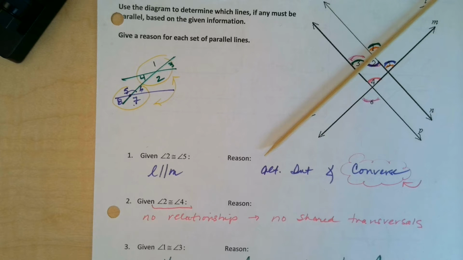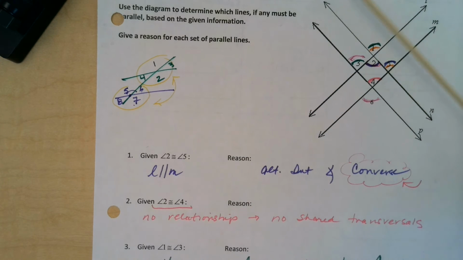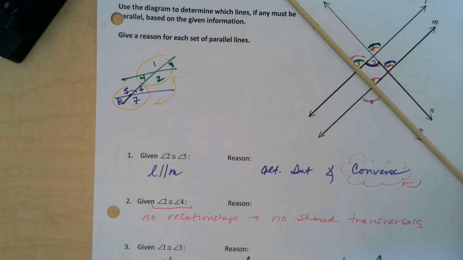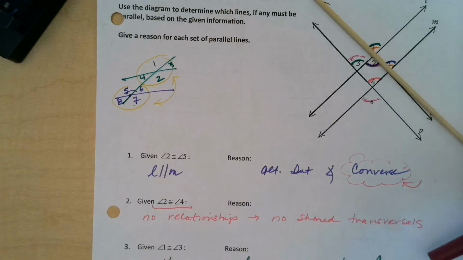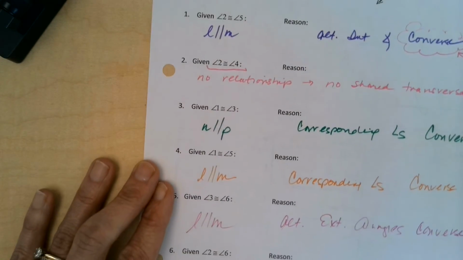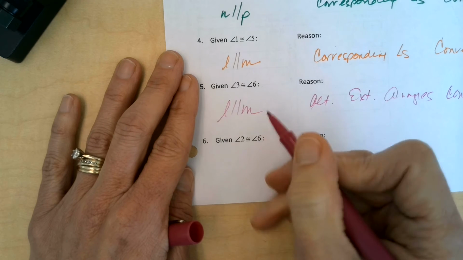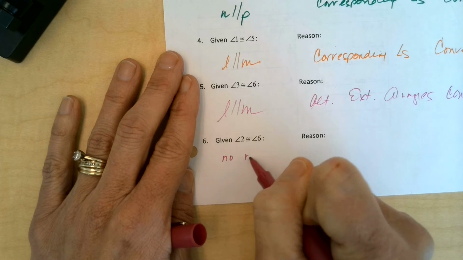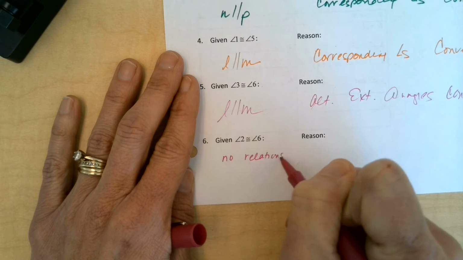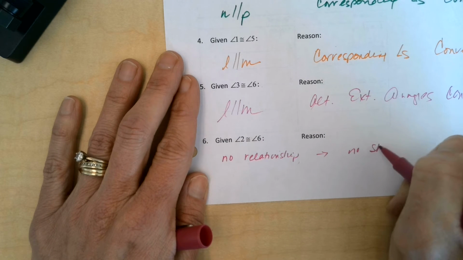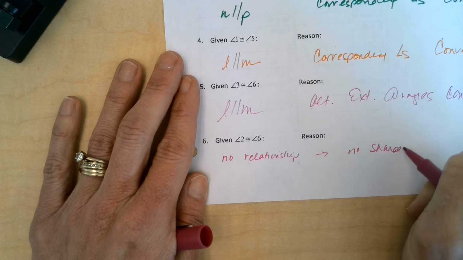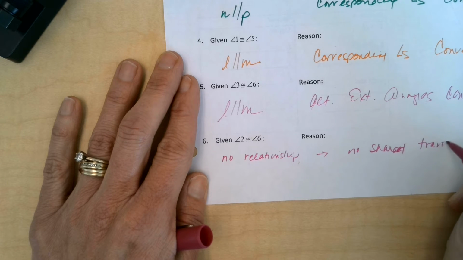I'm putting my pencil on all of the lines, and nothing contains both 2 and 6. 6 is made up of P and M. 2 is made up of N and L. So angle 2 and angle 6 have no relationship because they have no shared transversals.